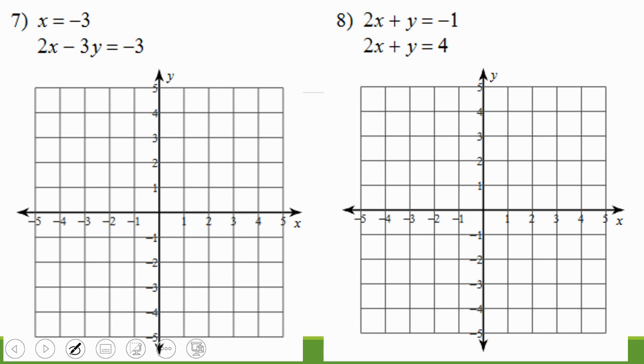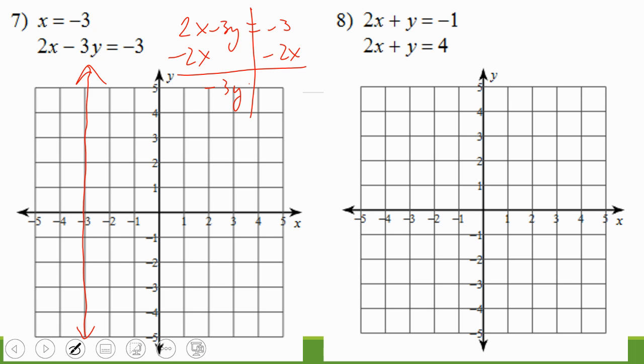X equals negative 3. That's a special case of vertical line. For the second one, I need to solve for y. Divide everything by negative 3. Be careful with your signs.